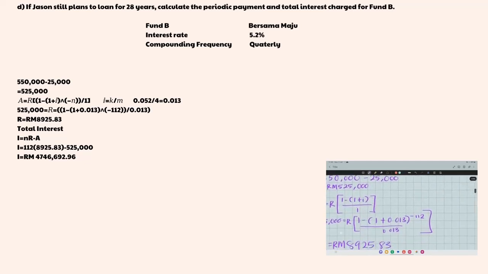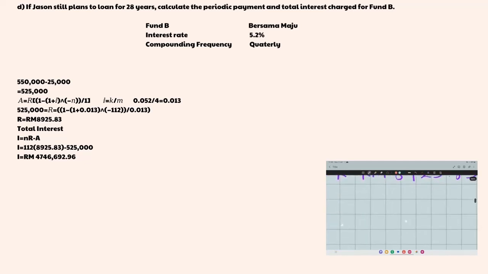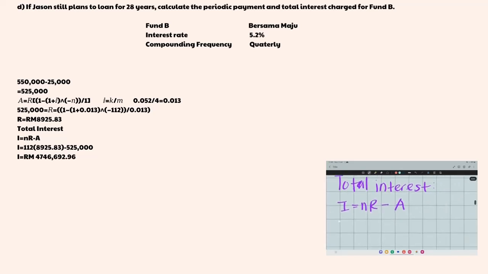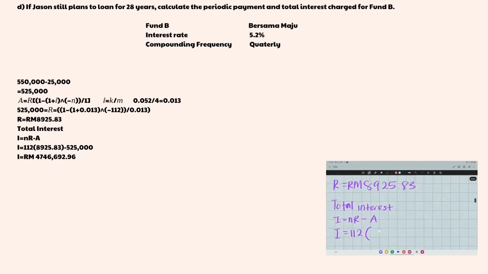Total interest charge for Fund B. So total interest I equals to NR minus A. I equals to 112 times the amount of R that we get, which is 8925.83.